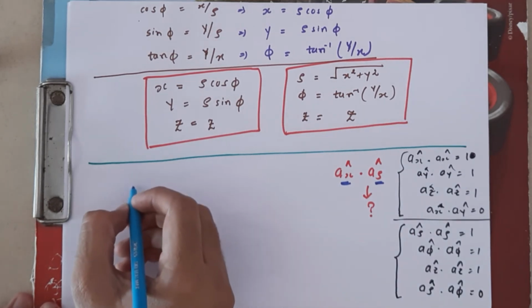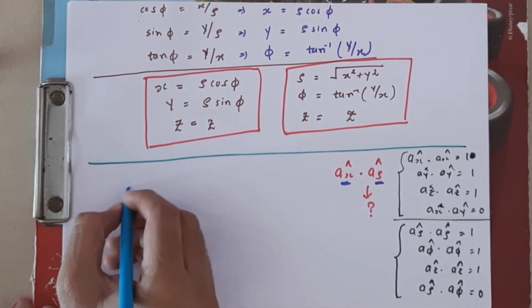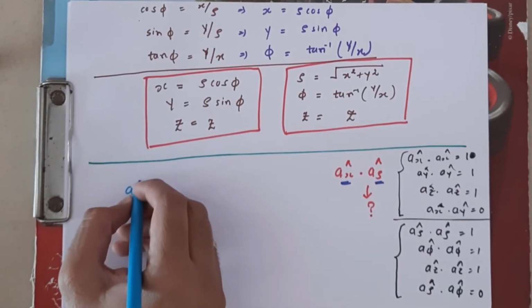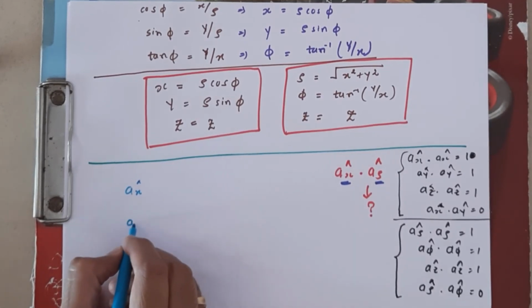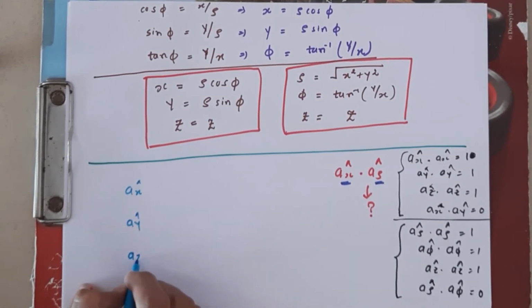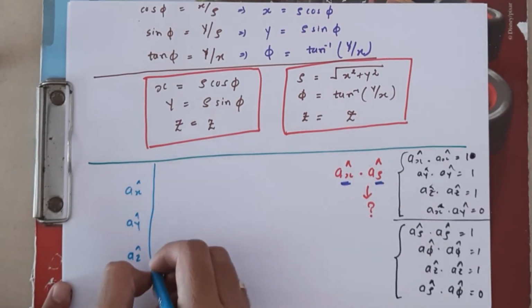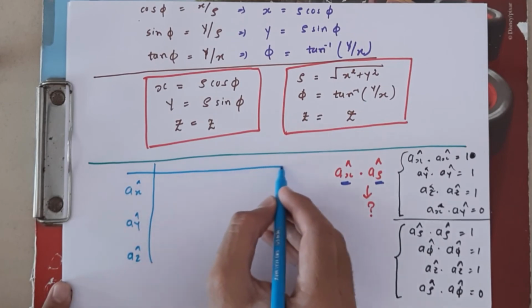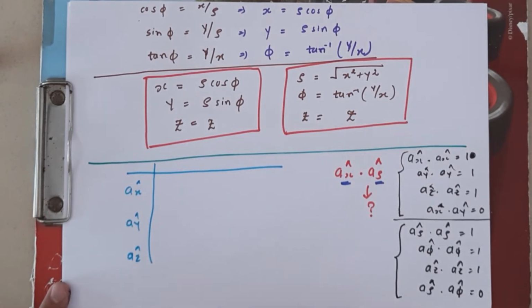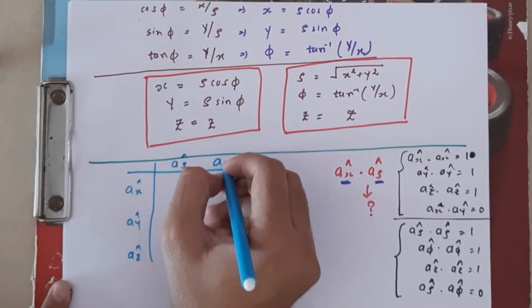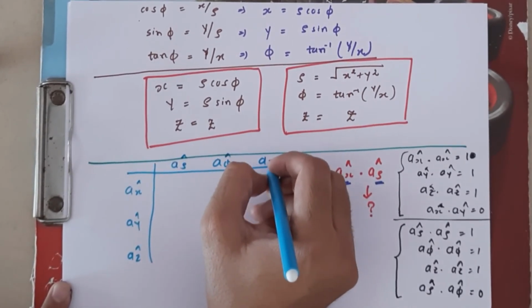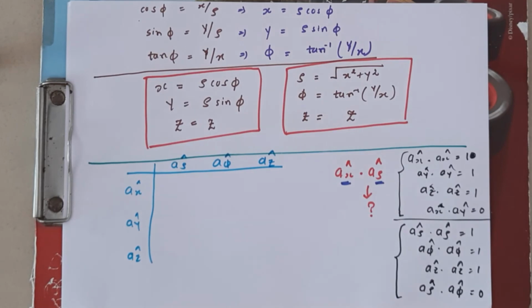So what I have to do is first write the unit vectors for the Cartesian coordinate system, which are a_x, a_y and a_z. Then I have to write the unit vectors for the cylindrical coordinate system, which are a_rho, a_phi and a_z.